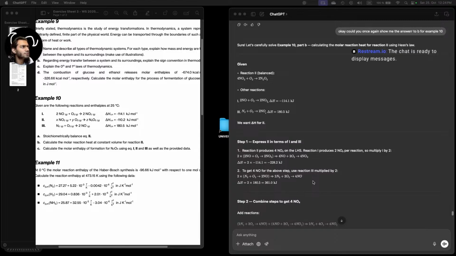Express 2 in terms of 1 and 3. Reaction 2 requires 4 NO2. They don't produce, they require.